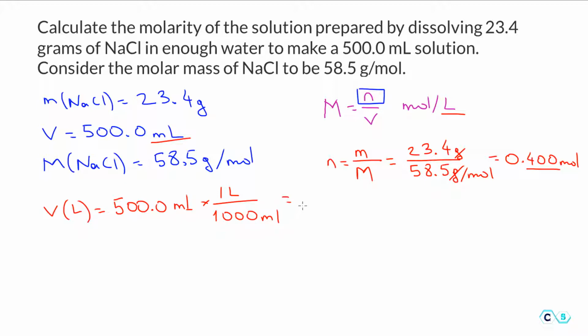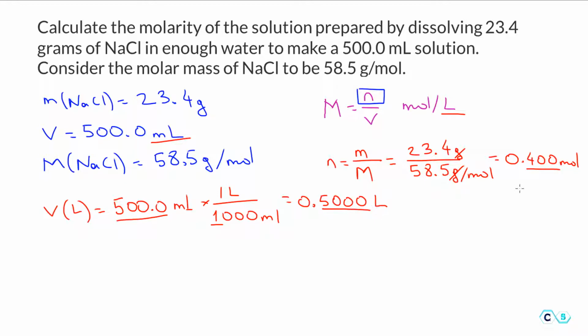So if we do this, we're going to get 0.5000 liters of solution. Remember, standard numbers have infinite significant figures. That's why we don't pay attention to the fact that here we have 1 significant figure, but we look at our number here, so 4 significant figures, and we keep 4 significant figures here.